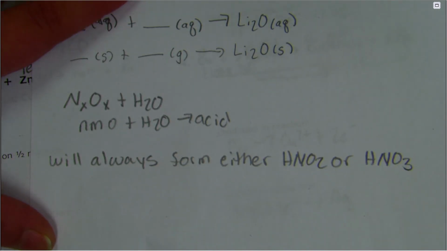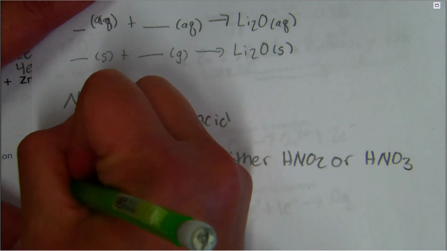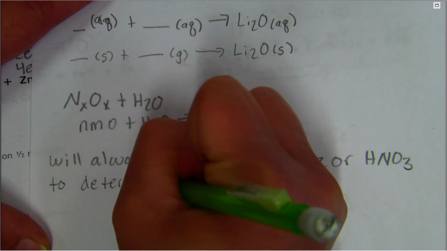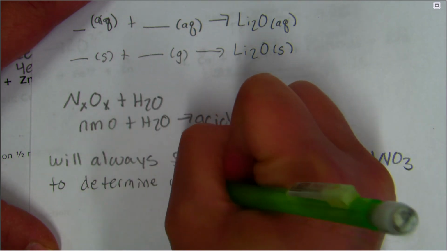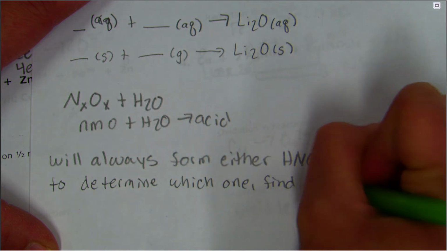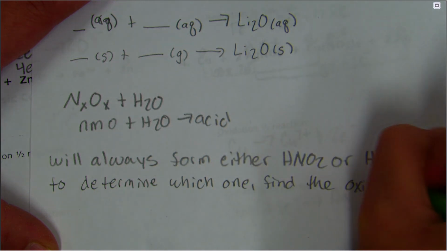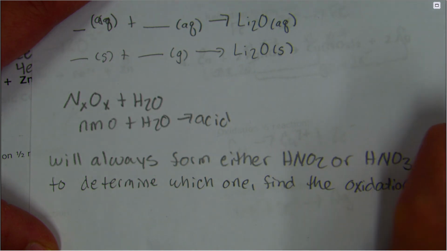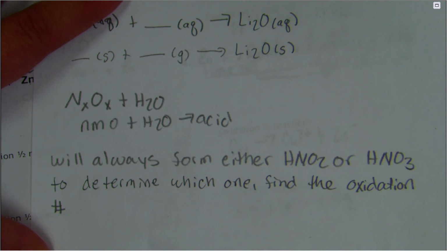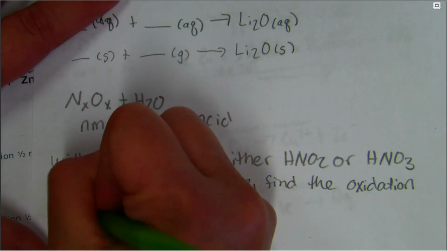To determine which one we're going to choose, we have to first find the oxidation number. And you're going to find the oxidation number of the nitrogen.